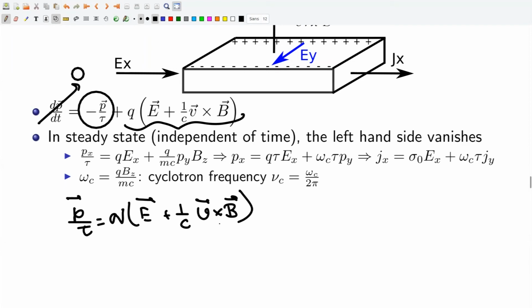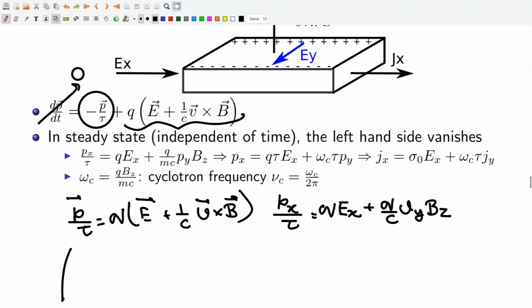Now, let us write this equation term by term. So, let us write the x component. So, this is p_x by tau is equal to q E_x plus q by c (v_y B_z minus v_z B_y). This term you can easily get by calculating cross product.